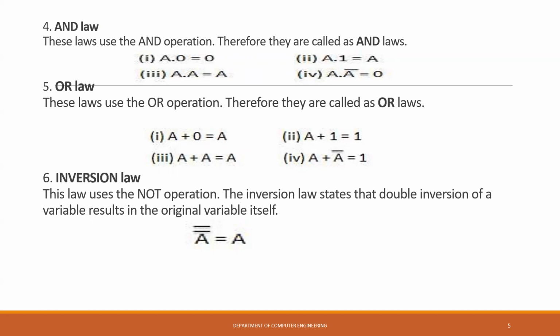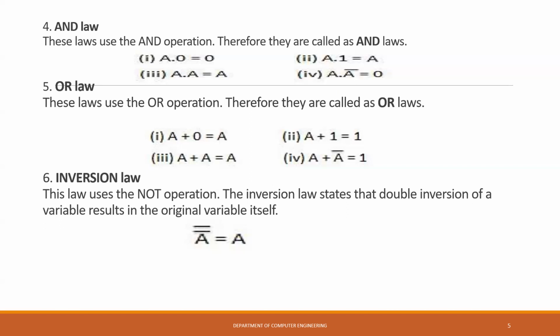That's why there are two conditions, 0.1 or 1.1, and the output A.1 is equal to A. The third AND law is A.A is equal to A. Instead of A square in digital systems, repeated variables are considered only once. That's why A.A is equal to A. Now the fourth law, A and A complement, is equal to 0. These are the four AND laws.